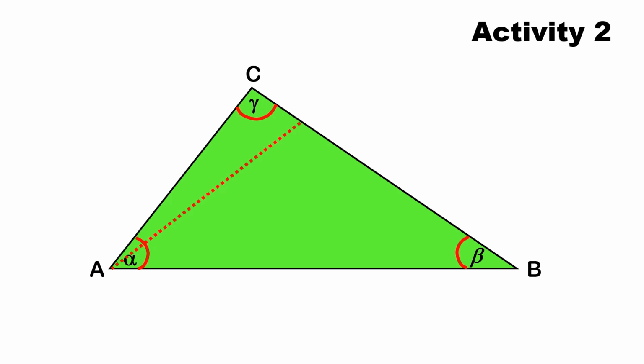The intersection point between the line and side BC is marked with E. So there are two right triangles, ABE and ACE. We separate the two by cutting along the height line.